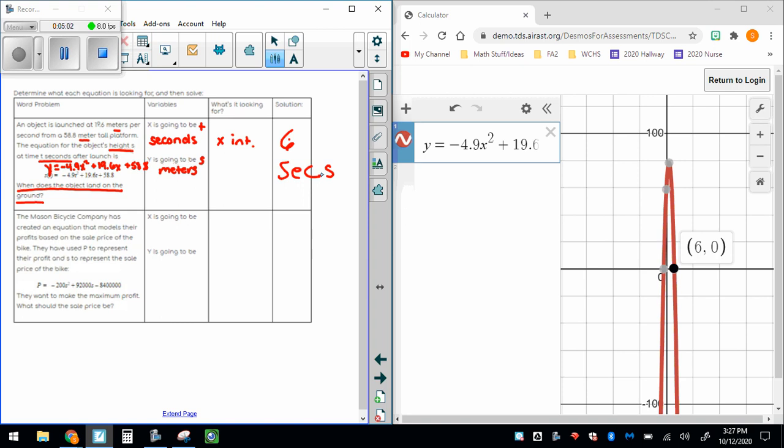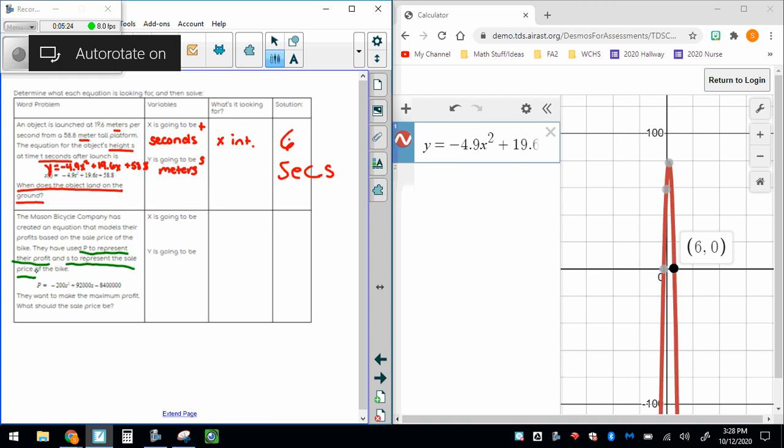All right, so let's talk about the next one. The Mason Bicycle Company has created an equation that models their profits based on the sale price of their bike. They've used P to represent their profit, so I'm going to underline there real fast, and S to represent the sale price of the bike. So both of these are talking about money, right?